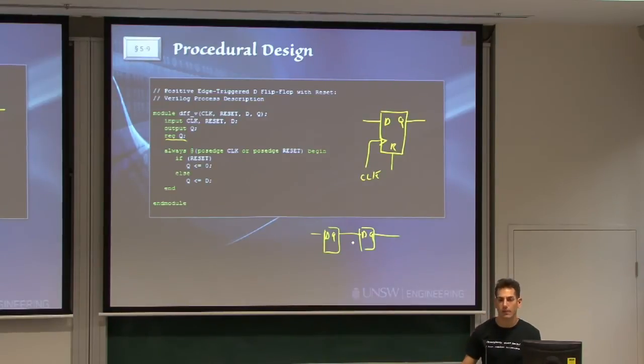Yes? Why do we need the reg Q? Can't we just change the output Q already? No, because, first of all, two things. When you have assignments like this, the left-hand side must be a register. If we didn't declare the reg, it will be a wire. You cannot assign values in a process to a wire.